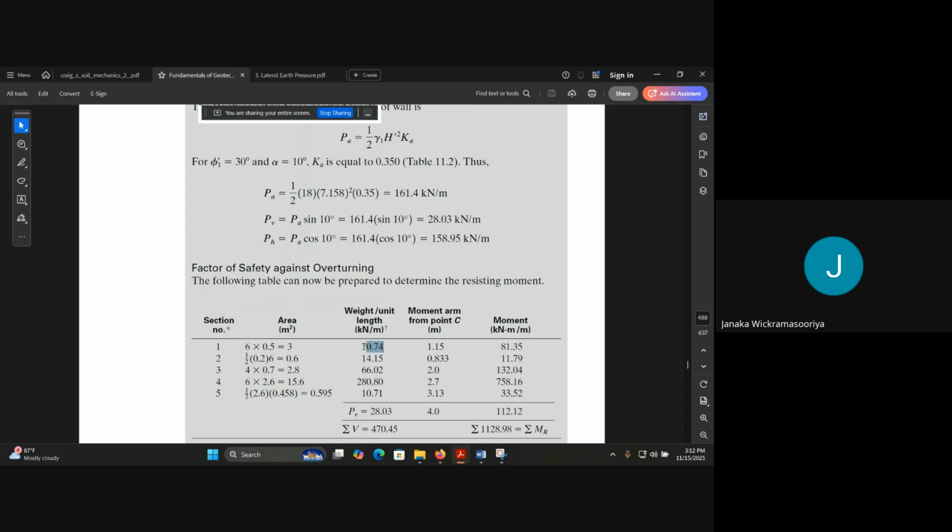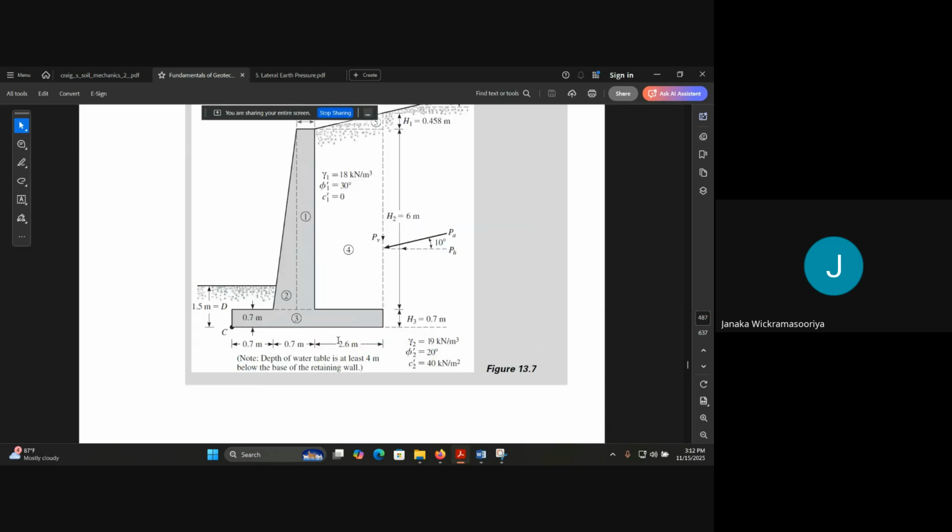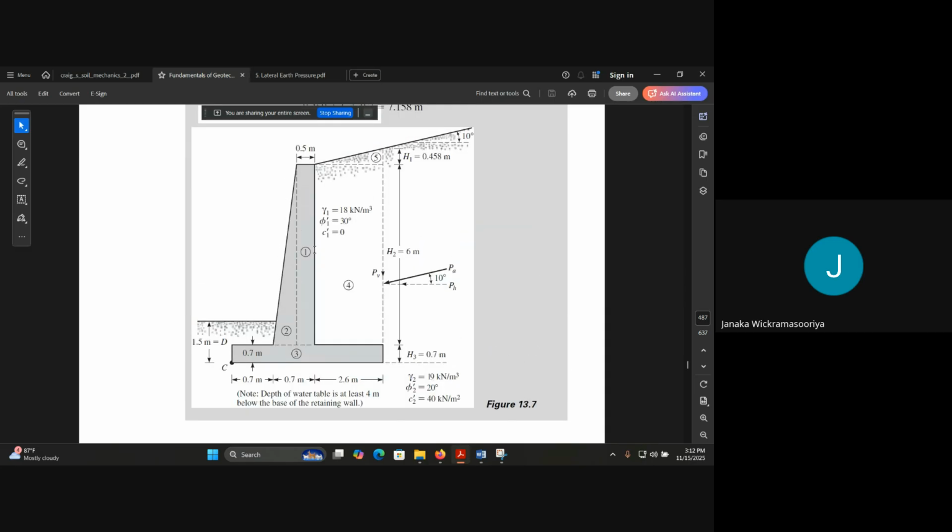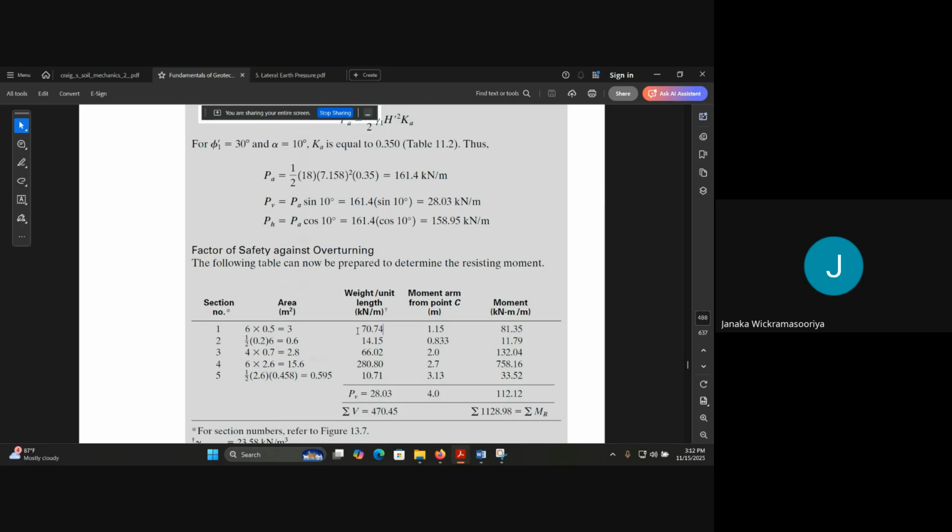When you multiply this 3 by the unit weight of concrete, that would be 70.24, something like that. Likewise, these areas can be multiplied by the unit weights of concrete or soil, and then you will get this value.